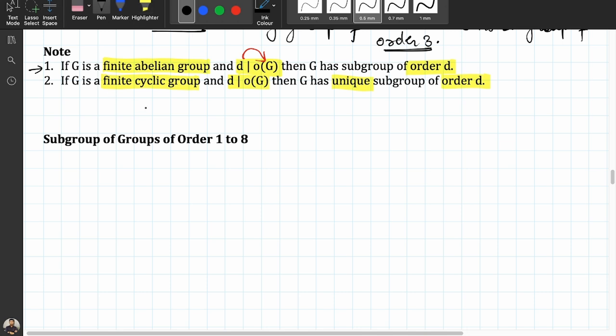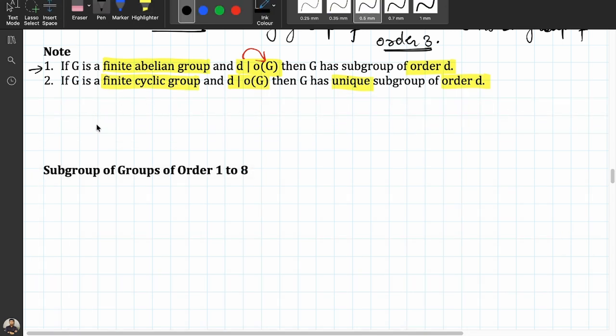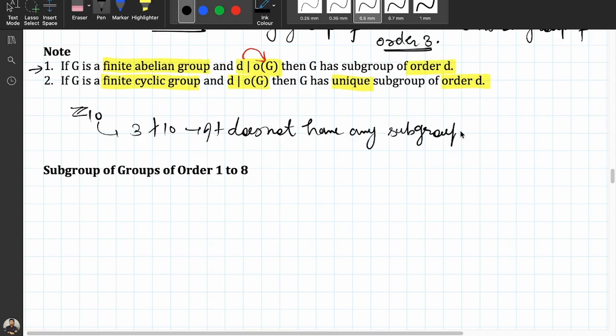So from here I will show you the first one. For a finite abelian group we can take Z10. Now 3 does not divide 10. It means it does not have any subgroup of order 3.